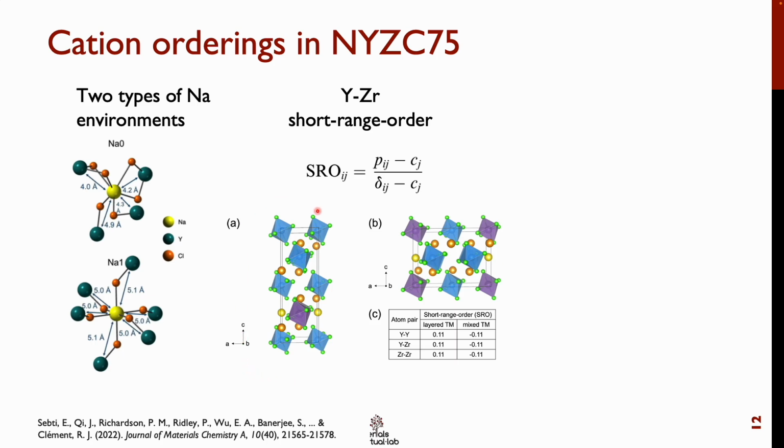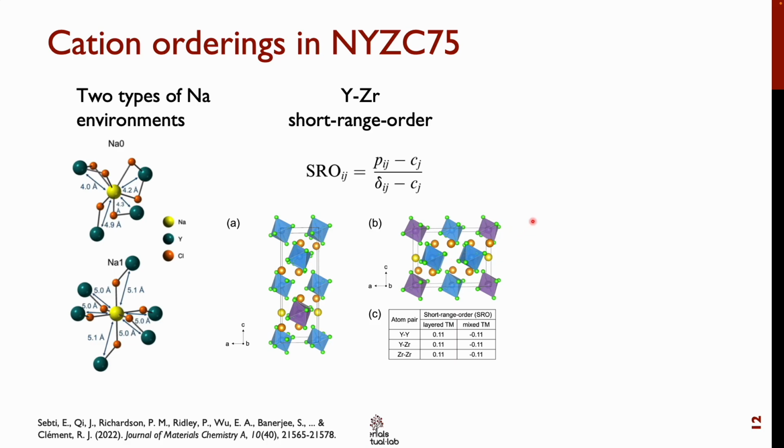On the left, we have 3 layers of zirconium and 1 layer of yttrium. So this is a layered transition metal ordering, while in subfigure B, we have 1 layer of mixed yttrium and zirconium cations and another layer of pure zirconium. So we name this a mixed transition metal ordering. So we have 2 types of yttrium zirconium ordering and a few types of sodium environment.